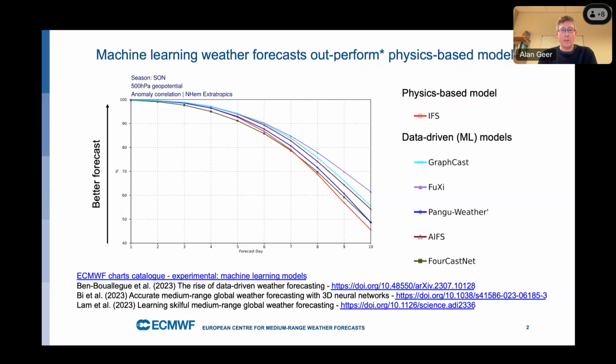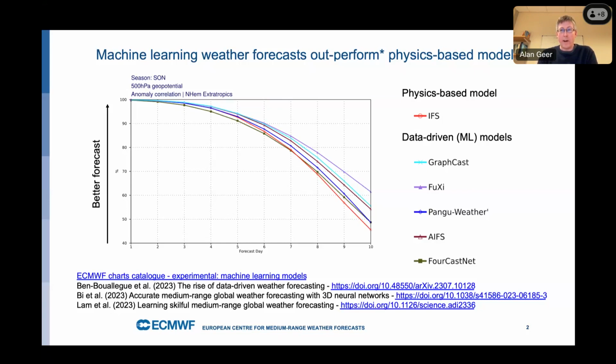And from this forecast score chart here as a function of forecast day, you can see that the basically best medium range physical-based weather forecasting model, the IFS, is showing lower scores than all of these data-driven models. And I think I put a star on it.